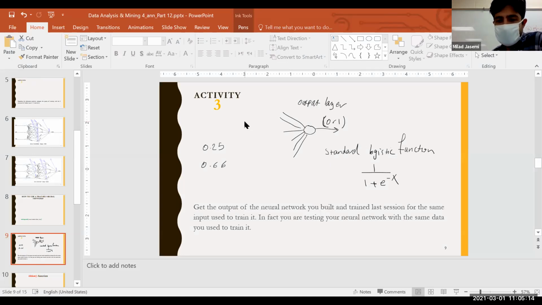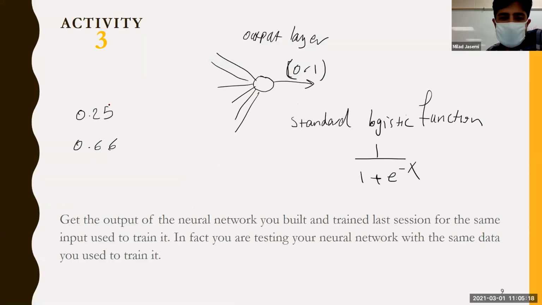So in fact, when you get the output in the middle range, if you get the output in this range, you will substitute them with 0.